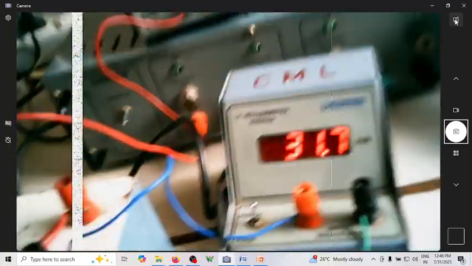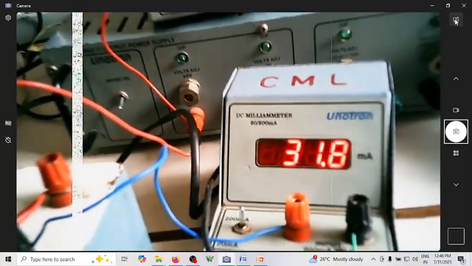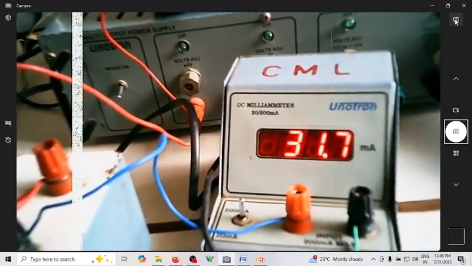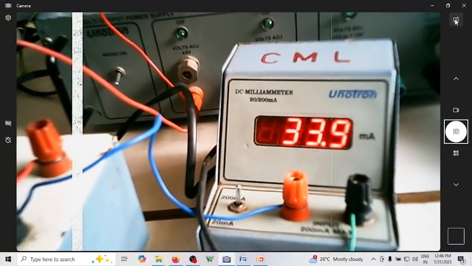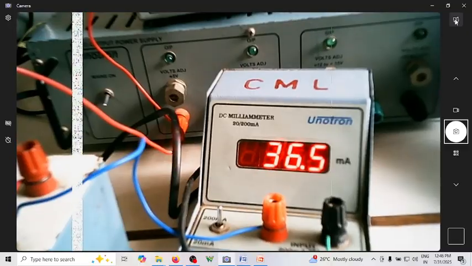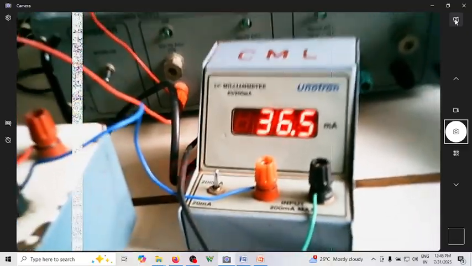You can see 31 milliamperes is not sufficient. It's not connected. 33 is also not sufficient. You can see at 36 point something it is connected.